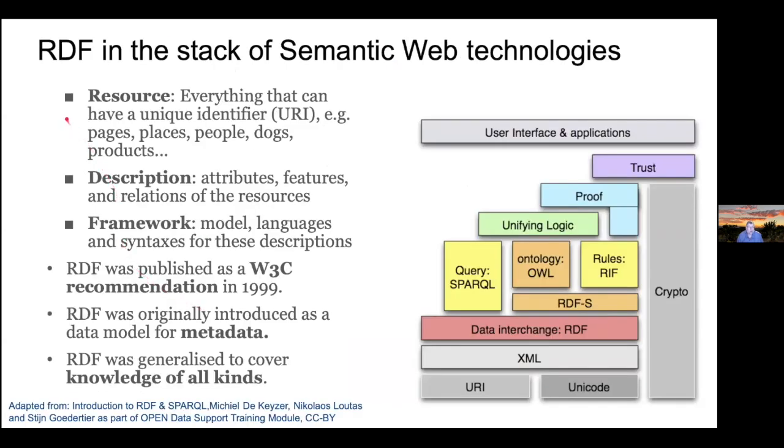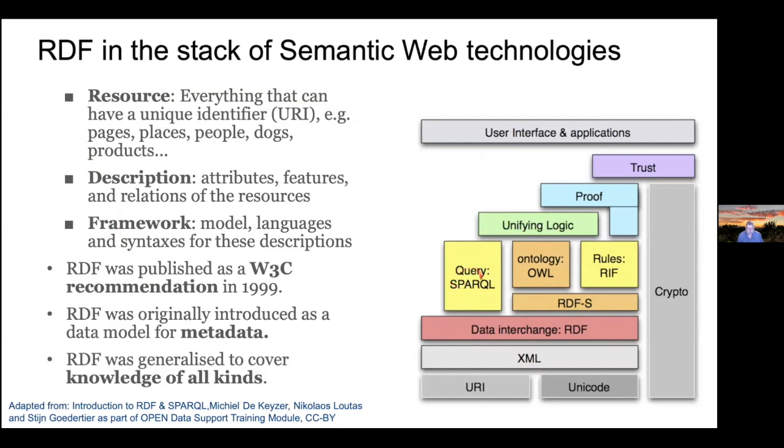And so in terms of how it fits in the entire stack of W3C specifications, there's RDF as a data exchange format, and then on top of that you have ontologies. So this is definitions of, for example, particular terms or entities that might be described in RDF.